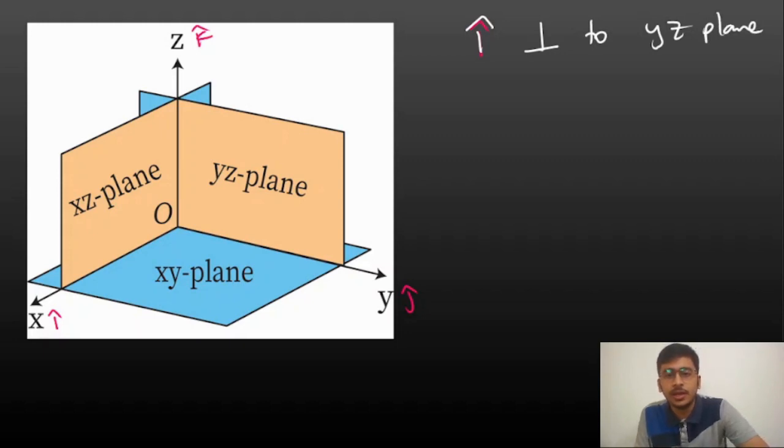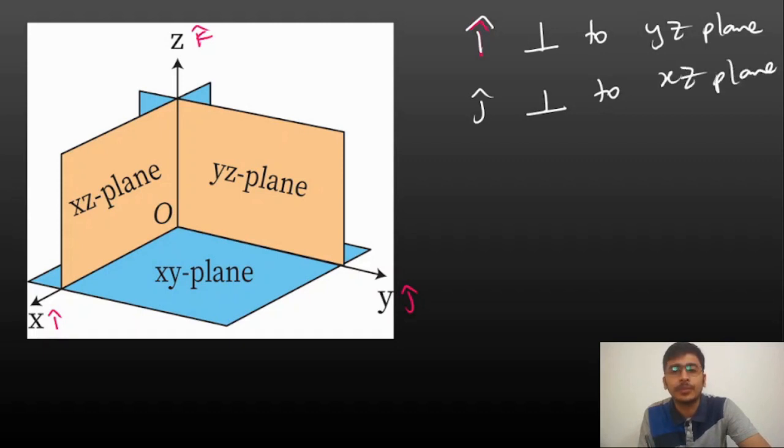Similarly, this j cap direction is perpendicular to the xz plane, and this k cap direction is perpendicular to our beloved xy plane. We all love xy, isn't it?